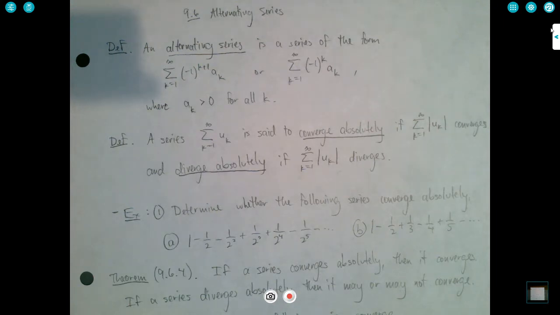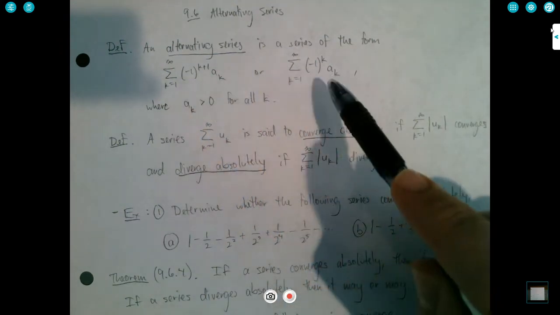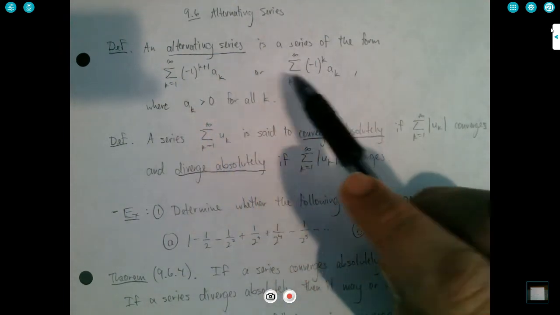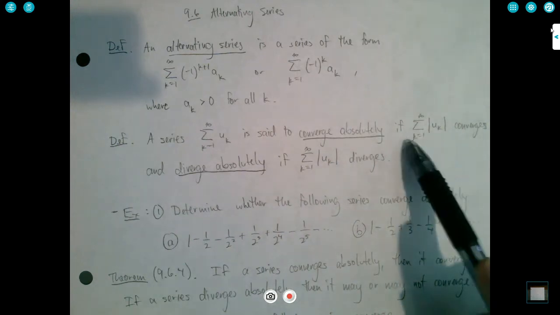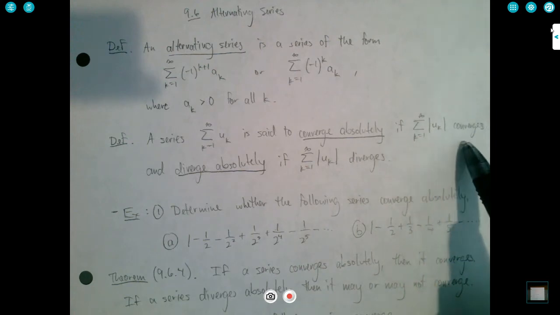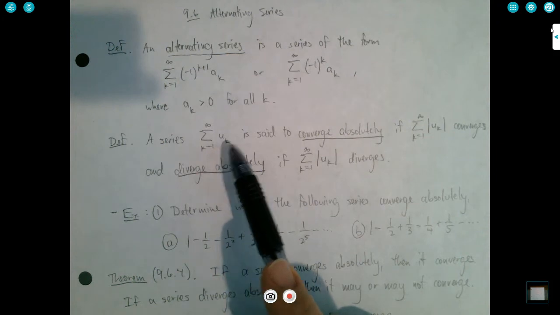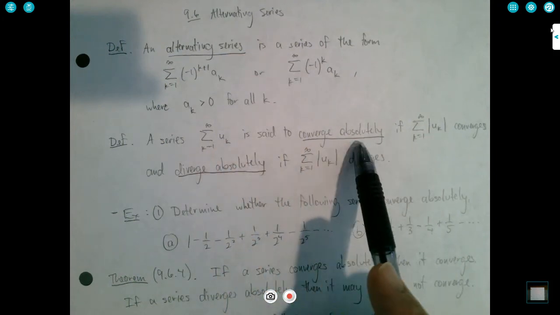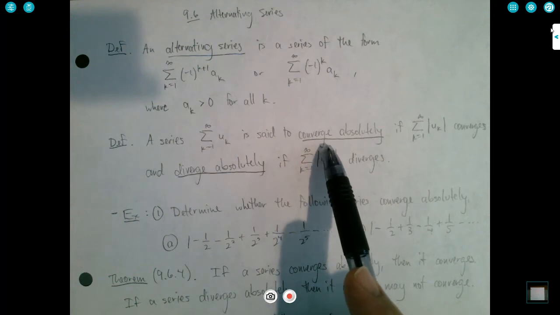When you're dealing with an alternating series, one of the ways that you can deal with it is to take the absolute value of the terms of the series, and then see if the absolute values converge. So if the series of absolute values converges, then the original series without the absolute values is said to converge absolutely, or we say it's absolutely convergent.